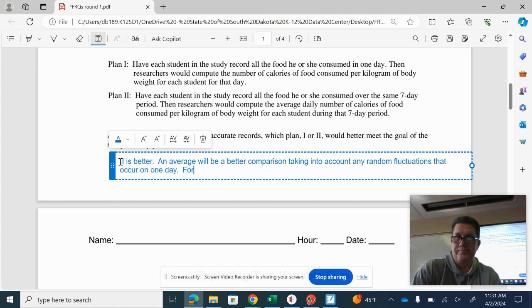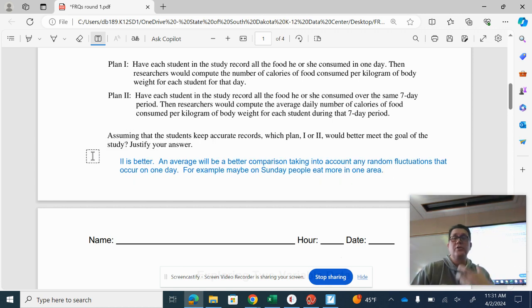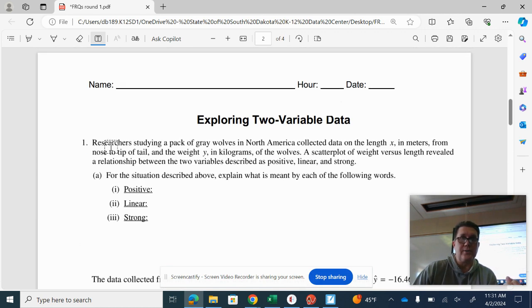For example, maybe on Sunday, people eat more in one area. That could be what we have happening, something like that. But averages are always going to be a better comparison.